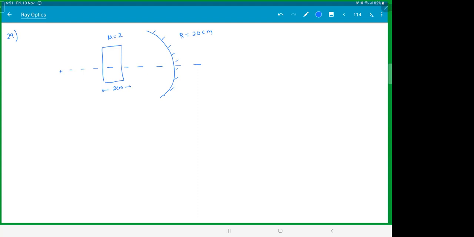Mu is equal to 2, and this is the object. This distance is x. Case 1, x is equal to 21 centimeters. Case 2, x is equal to 31 centimeters. Find the position of the image. Two different problems. Outside is 1.